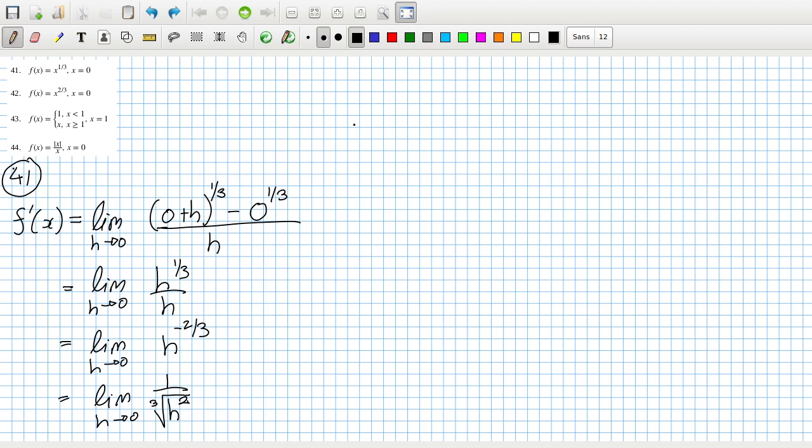It's going to diverge. Basically, it's going to become infinite.